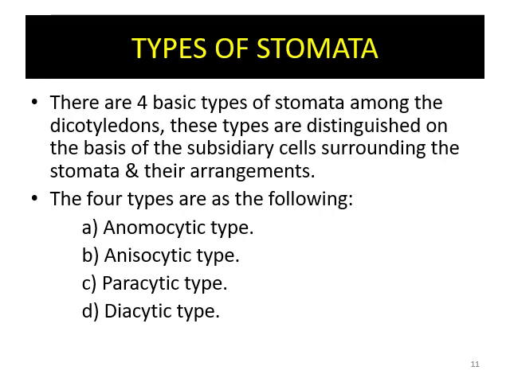The fourth is diacytic stomata. In this case, guard cells are surrounded by two subsidiary cells. The common wall of these cells is at right angles to the longitudinal axis.